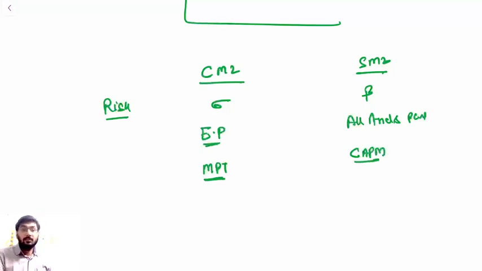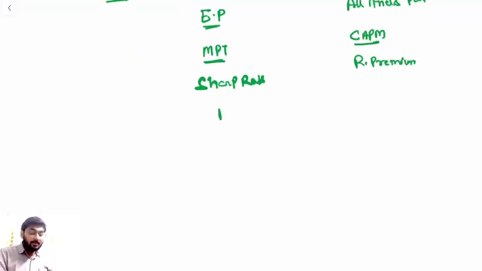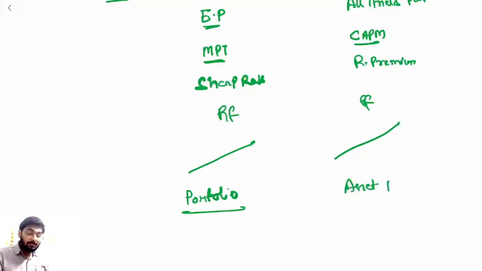Clear? Now the slope over here is Sharpe ratio, and over here is the risk premium. Clear? Intercept is RF in both the cases. Clear? Shape is a straight line for both of them, and the purpose is, sir, in CML, I want to choose the portfolio, and SML is used for asset pricing.